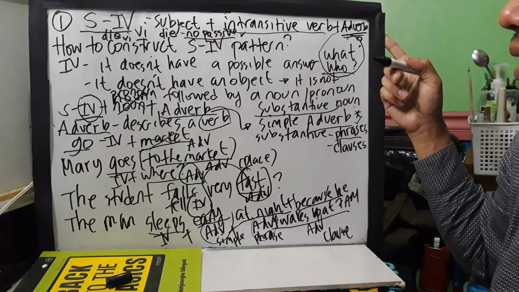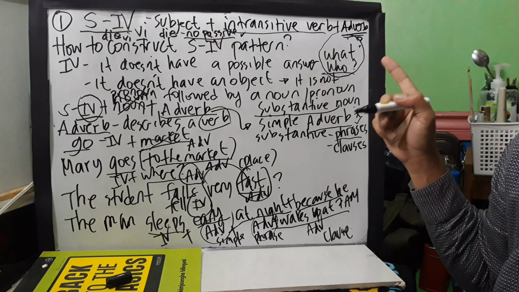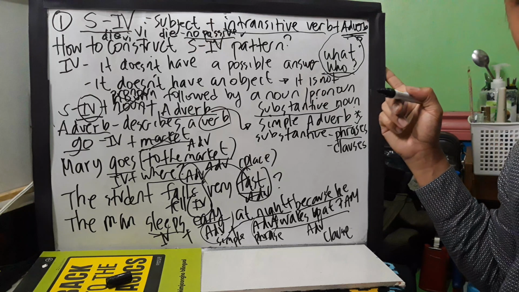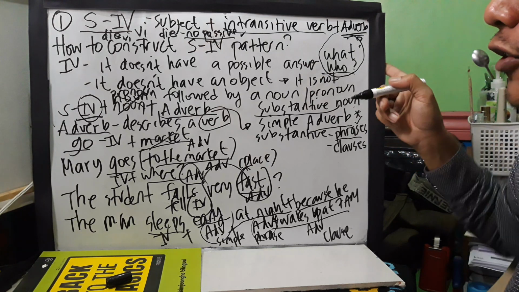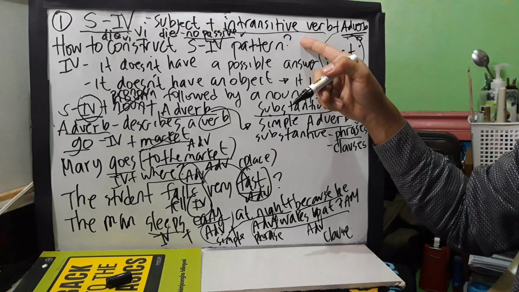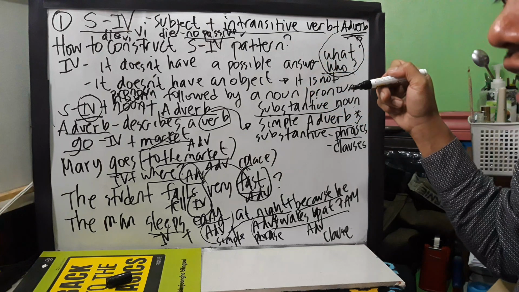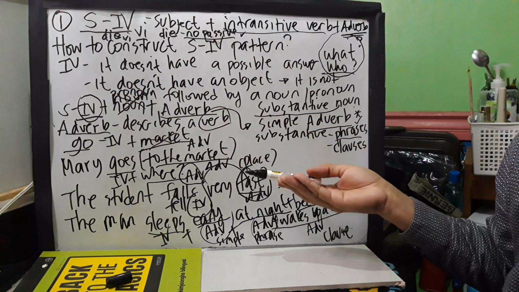Guys, always remember that whenever you make a passive voice sentence, you should always have an object in the active sentence. So if you try to look at the sentence pattern SIV, do we have an object here? Mary goes. No, there is no object.